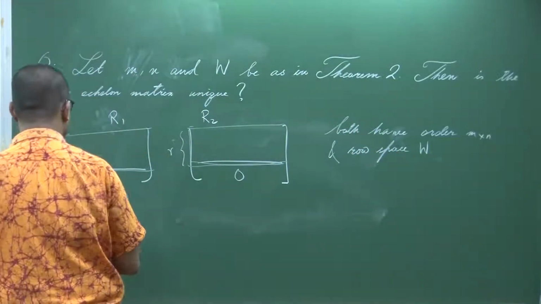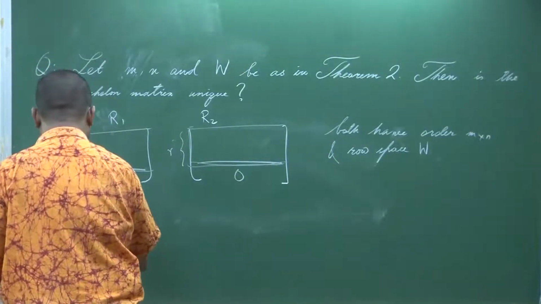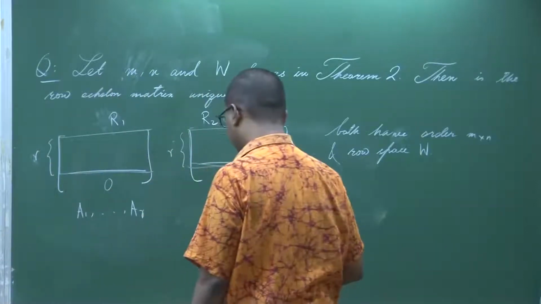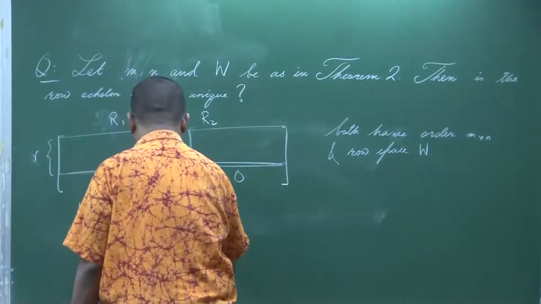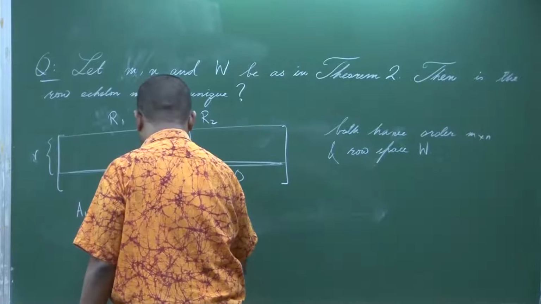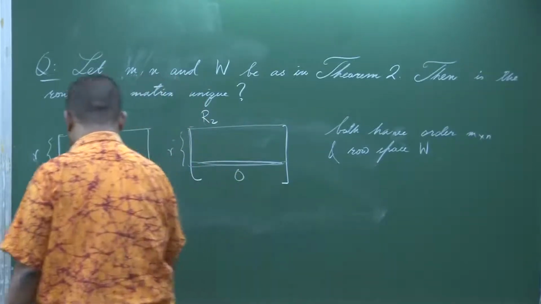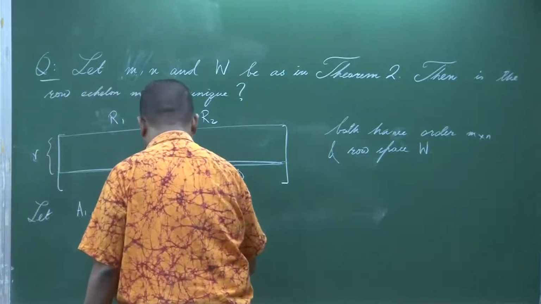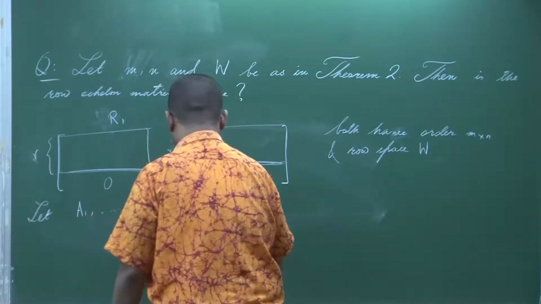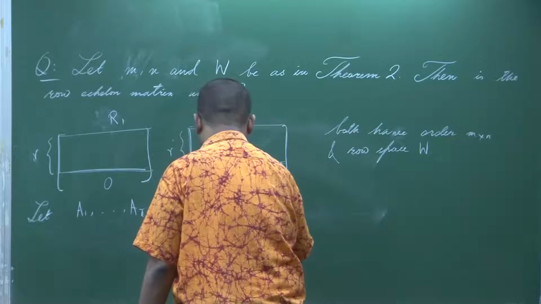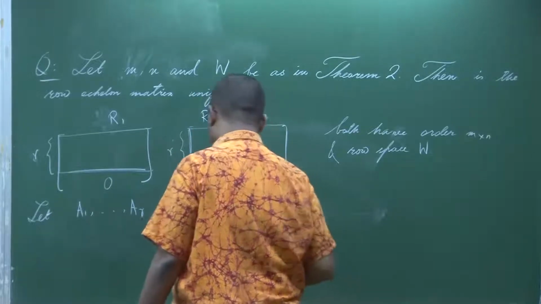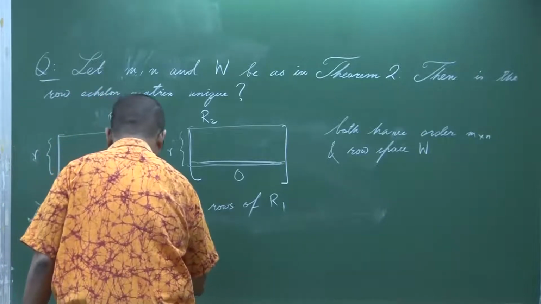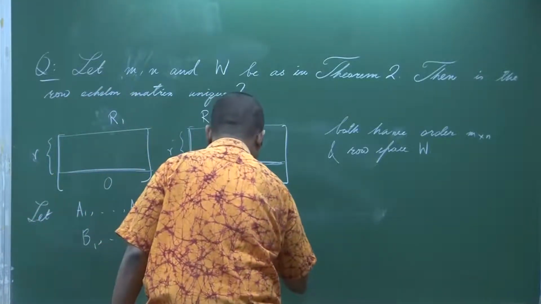Let us use some notation: let A1, A2, up to Ar be the rows of R1, and similarly B1, B2, up to Br be the rows of R2.